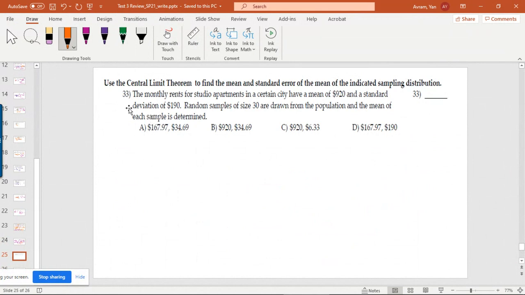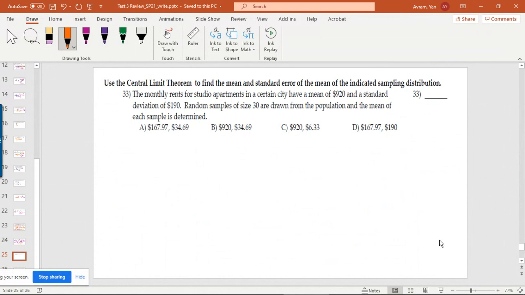Okay, 33 and 34, last 2 questions. The monthly rent for a studio apartment in a certain city has a mean of 920 and a standard deviation of $190. Random samples of size 30 are drawn from the population, and the mean of each sample is determined.